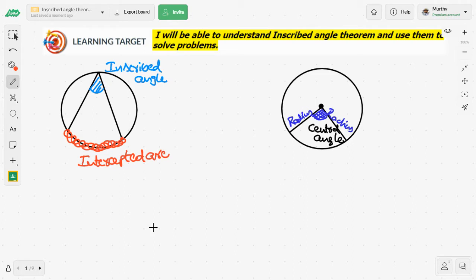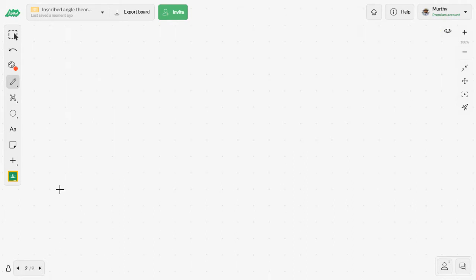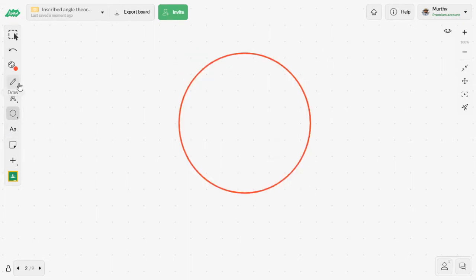Now, let's have a quick summary of the points. Take a circle and mark the center of the circle first, and next draw a few line segments. This is a radius, and this is another radius.